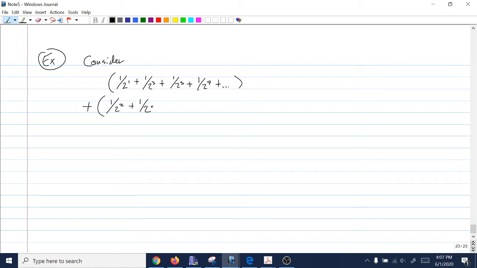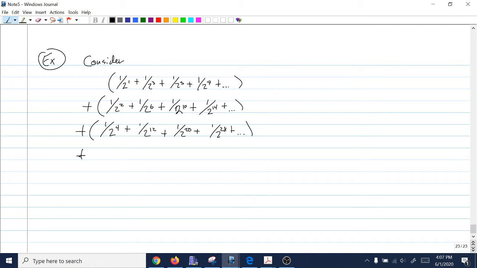Double 3 is 6, double 5 is 10, double 7 is 14. Now let's do quadruple all the odd terms. Quadruple 1 is 4, quadruple 3 is 12, quadruple 5 is 20, quadruple 7 is 28.